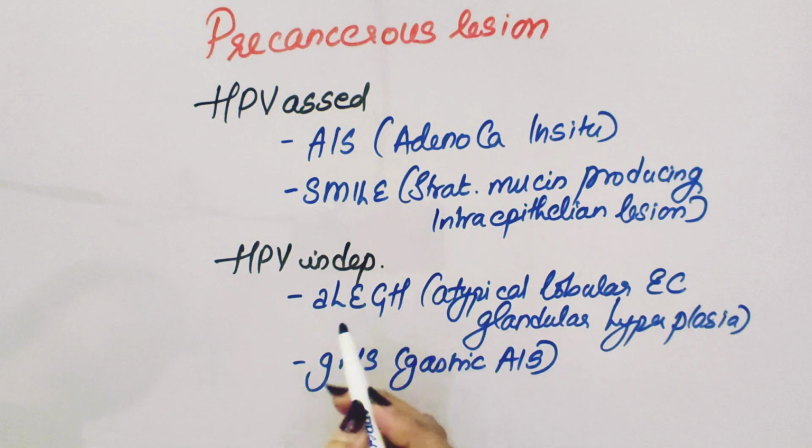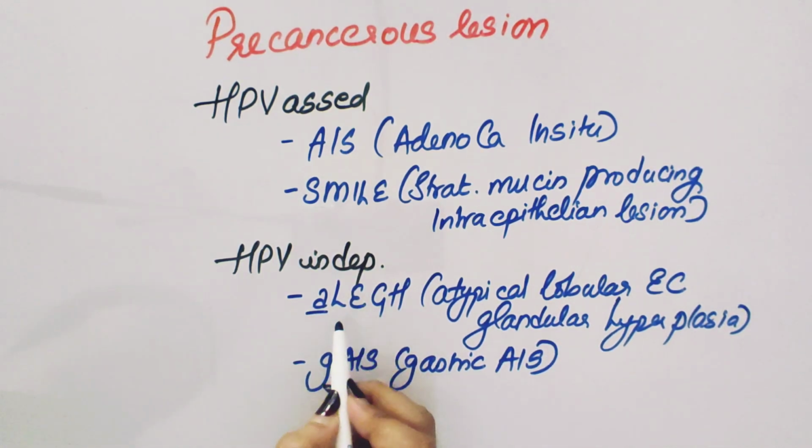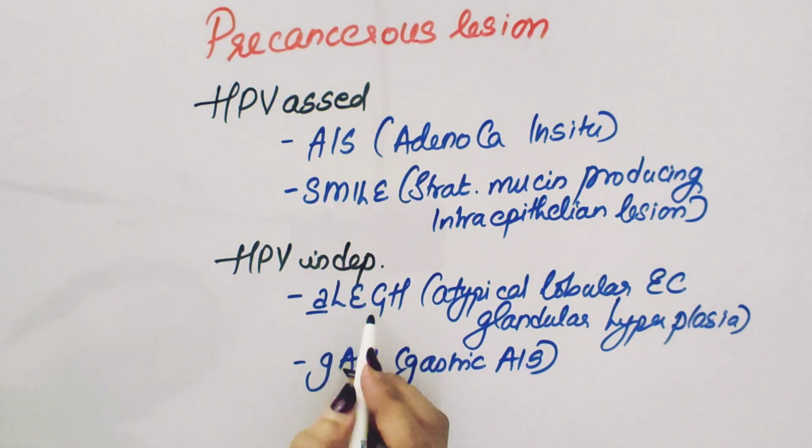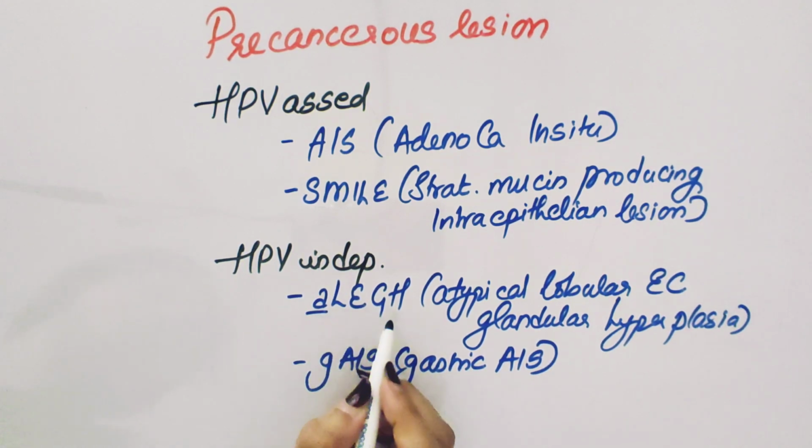Now why I put A here: in the RA25 it is given only lobular endocervical glandular hyperplasia in the brackets, but I don't think that is justified because that is a benign lesion, so I just added A as a prefix to tell it is atypical, which is the precancerous part of it.